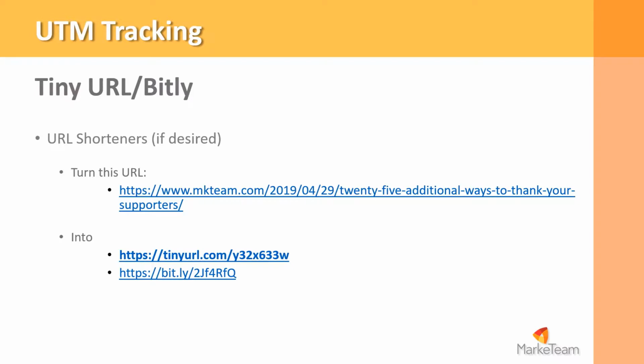You have to translate each of the long URLs into the short URLs using one of the URL shorteners. You can go to tinyURL or bit.ly and put in your long URL, and it will give you a shortened URL that contains all of the same information.